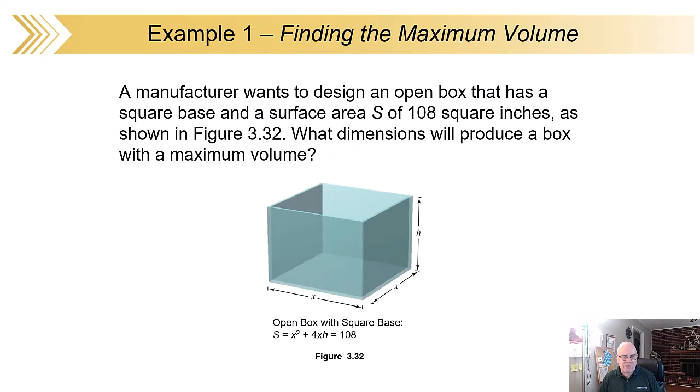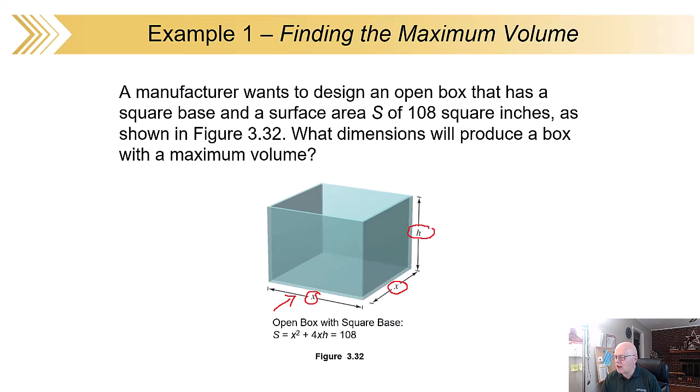So here's an example. It doesn't really have much to do with business exactly. It's a box, but we're getting there. So here's a box. Take notice of several things in particular. One, the bottom is square, x by x. It's h inches high, or whatever it is.